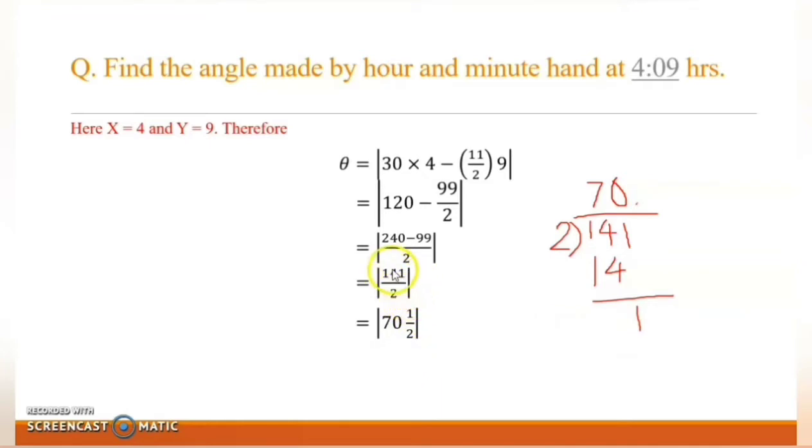Therefore I have 141 divided by 2, that is equal to 70 and half. So the angle made by the hour and the minute hand when the clock shows 4 hours and 9 minutes is 70 and half degrees. Therefore, this is our solution to the given problem.